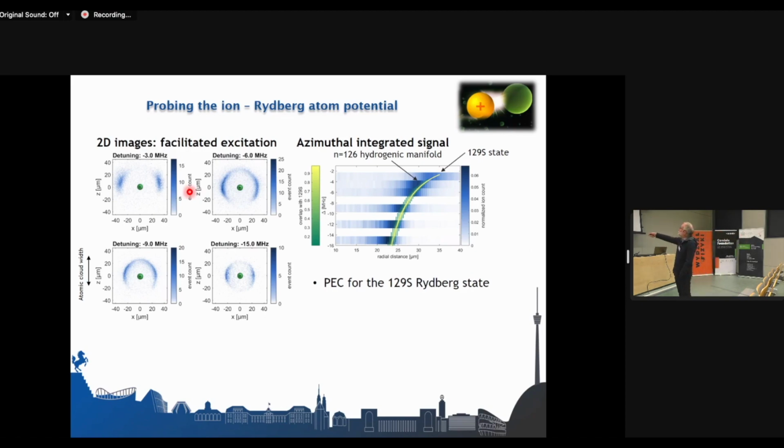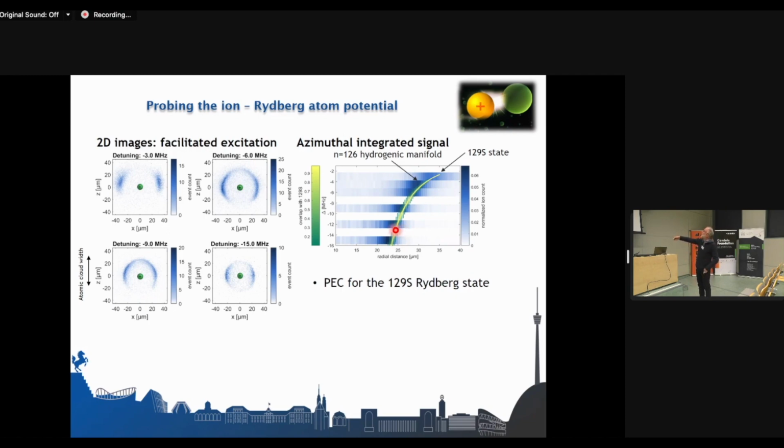And if you plot now the distribution of atoms, you integrate the angular part out because that's not very important, because you know that is just dominated by the finite size of our optical dipole trap.